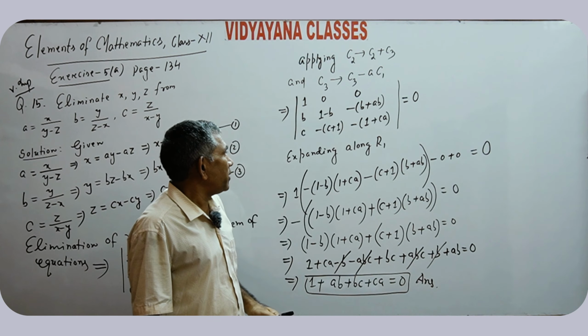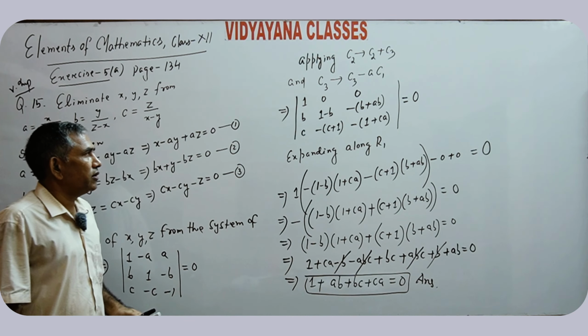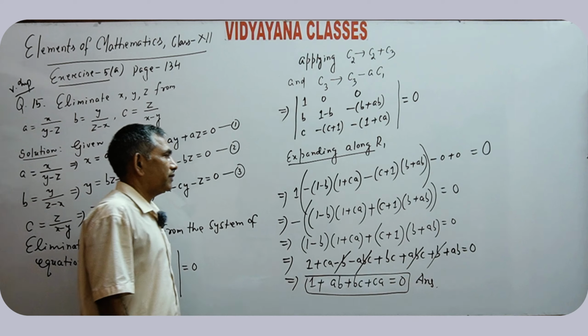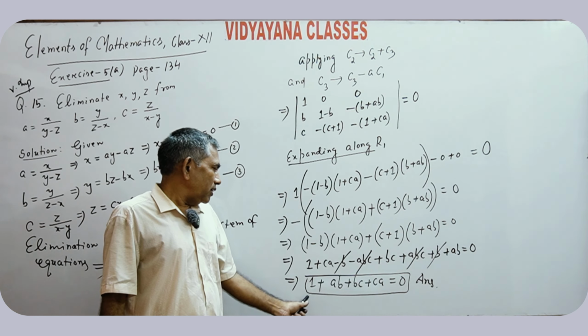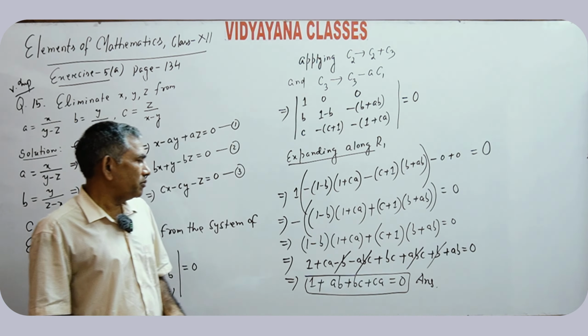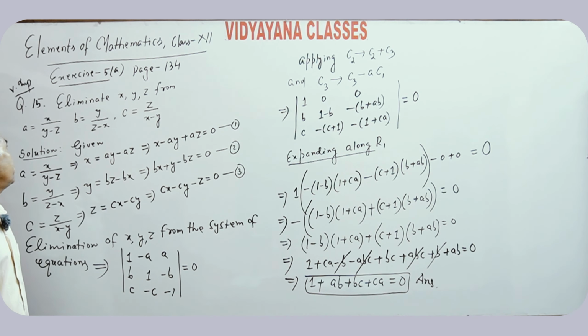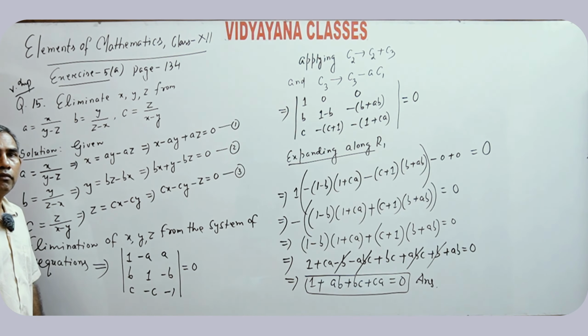Row 1 contains maximum 0. For easier calculation, we will expand along row 1. On calculation, it gives 1 plus AB plus BC plus CA is equal to 0. Most important question. Clear? Okay. Write down.